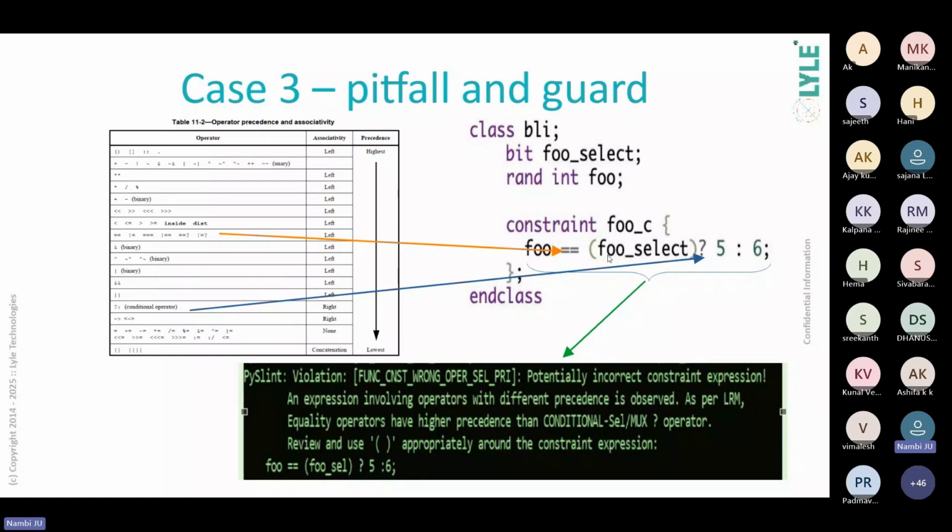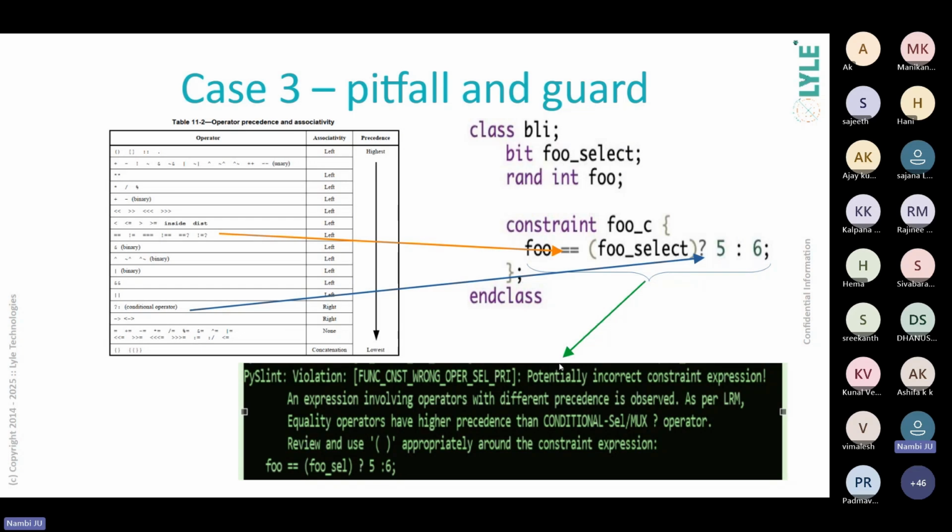We are saying foo select, which is a random bit, and we are assigning based on a conditional operator. Now, this operator is higher in precedence when compared to the conditional operator. So what may end up on foo could be a random value compared to the conditional operator.